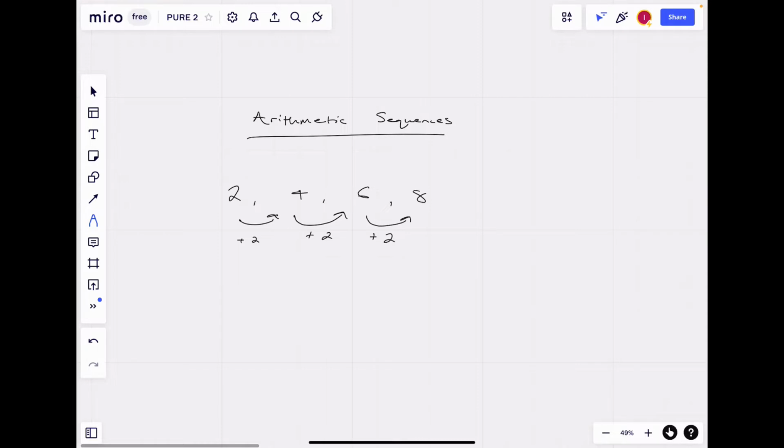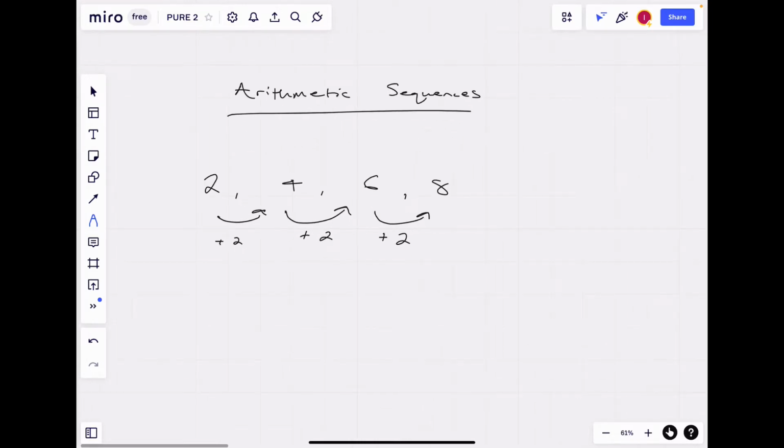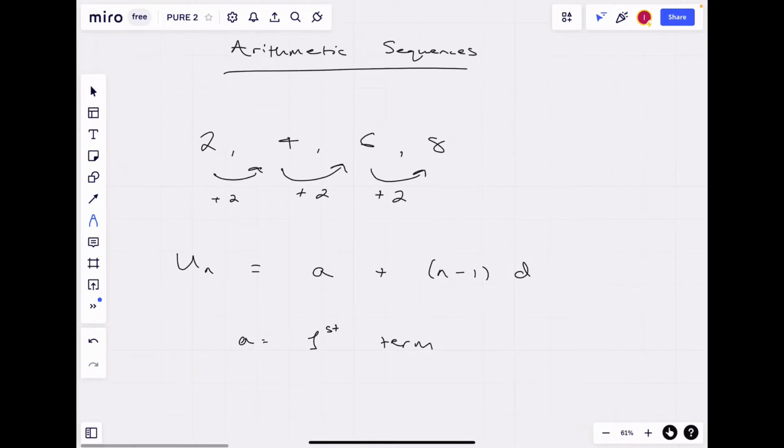And there was a certain process, certain method you had to follow depending on what your teacher taught you. In A level, there is a formula to work out the nth term. The formula looks something like this. Un equals a plus (n minus 1)d, where a is the first term and d is the common difference.